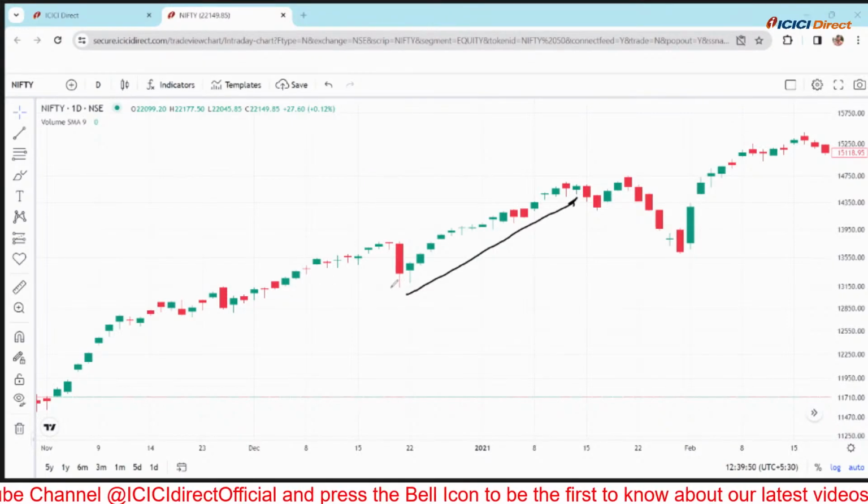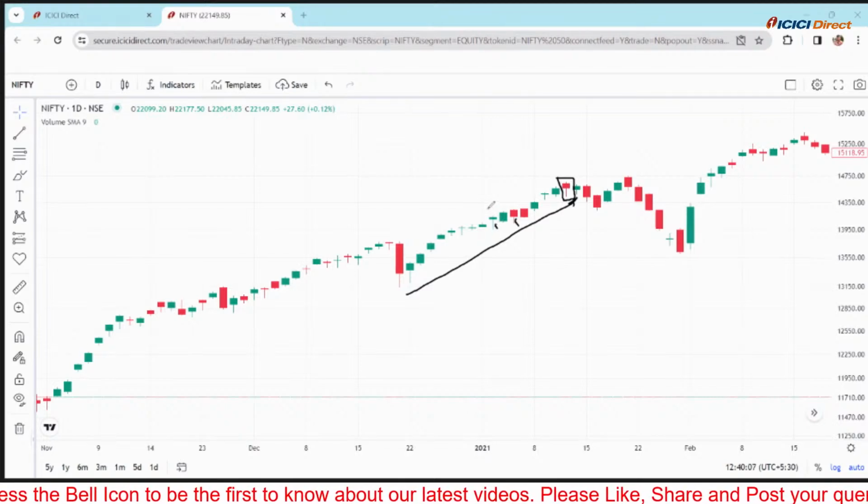This uptrend is from 13,000 all the way to 14,500, almost a 15%, 1,500 point move. Can I say this will be a hanging man? Many people would say this body is a hammer. Even this is a hammer, but this is a hanging man, but there is a green candle here, so it is not confirming a bearish signal for me.